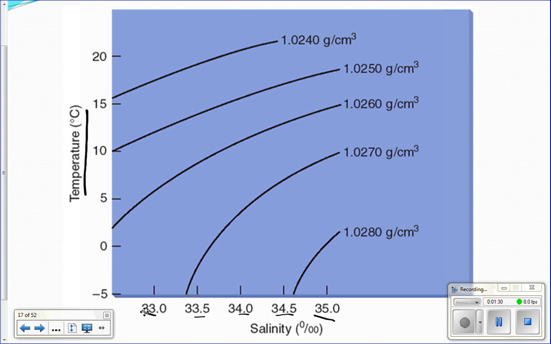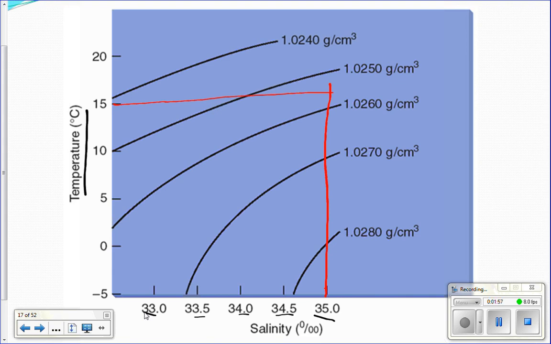If we look at water that is 35 parts per thousand and 15 degrees Celsius, the way that we can figure out the density of that water is to follow this line up, and then follow the 15 degrees over. The density of that water is going to be right between 1.025 and 1.026 grams per cubic centimeter.